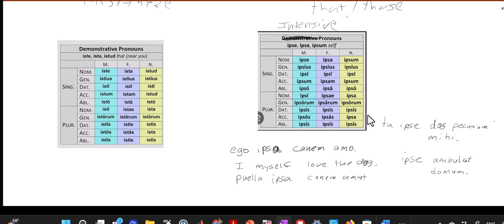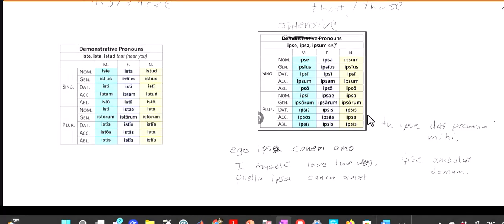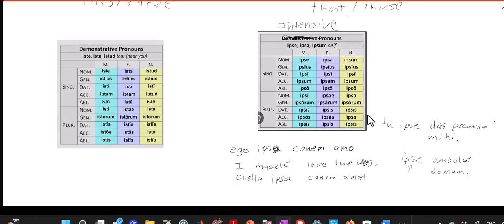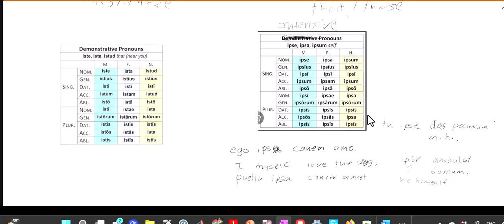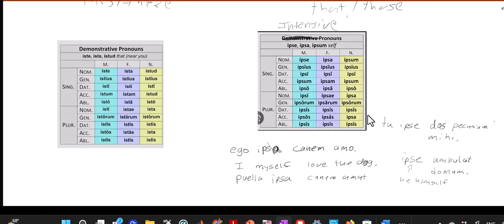Ipse ambulat domum, he himself walks home. So I would just translate the ipse as he himself. Notice when I'm using it with another word, I can take it out of the sentence, and the sentence makes perfectly good sense by itself.